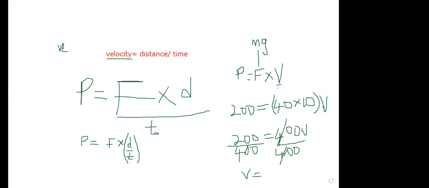So the answer is a half, which is 0.5, and 0.5 or a half is velocity, which is in meters per second.